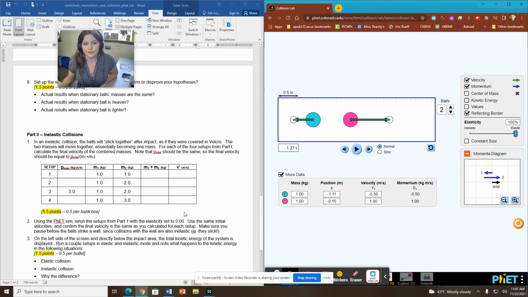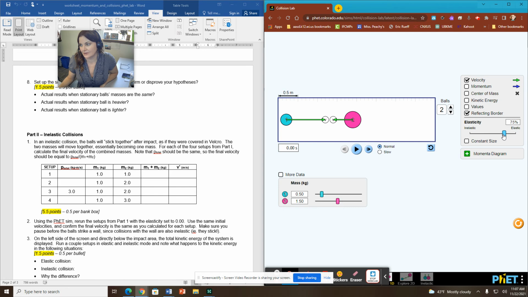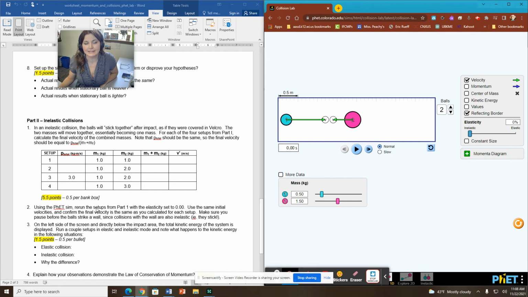And then in part 2, you're going to repeat this whole thing with inelastic collisions. So in this case, you're going to reset it, and you're going to go to completely inelastic, right? That's the big change here. But again, you're pretty much doing the same thing you did for the first part. You are going to start by completing the table.